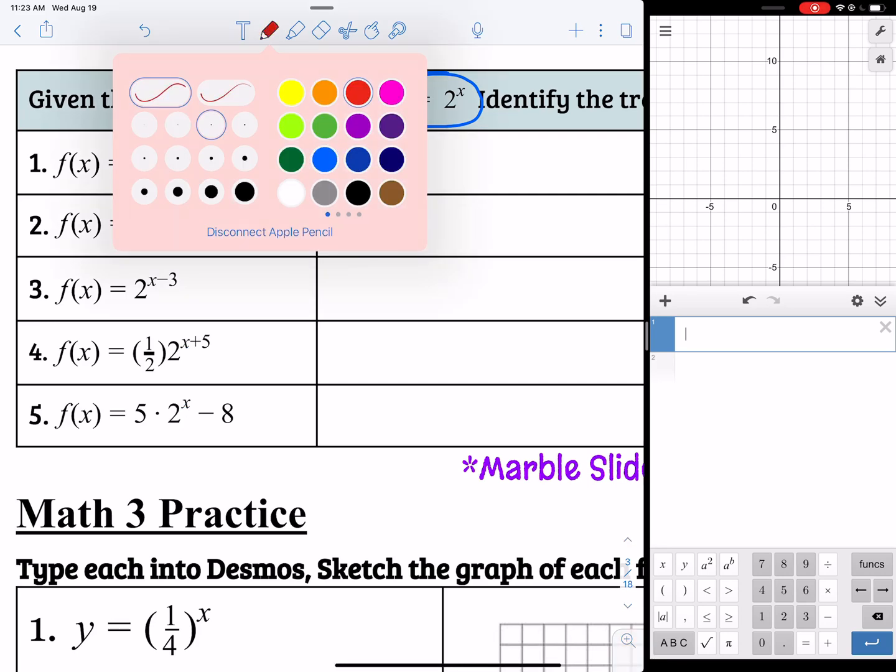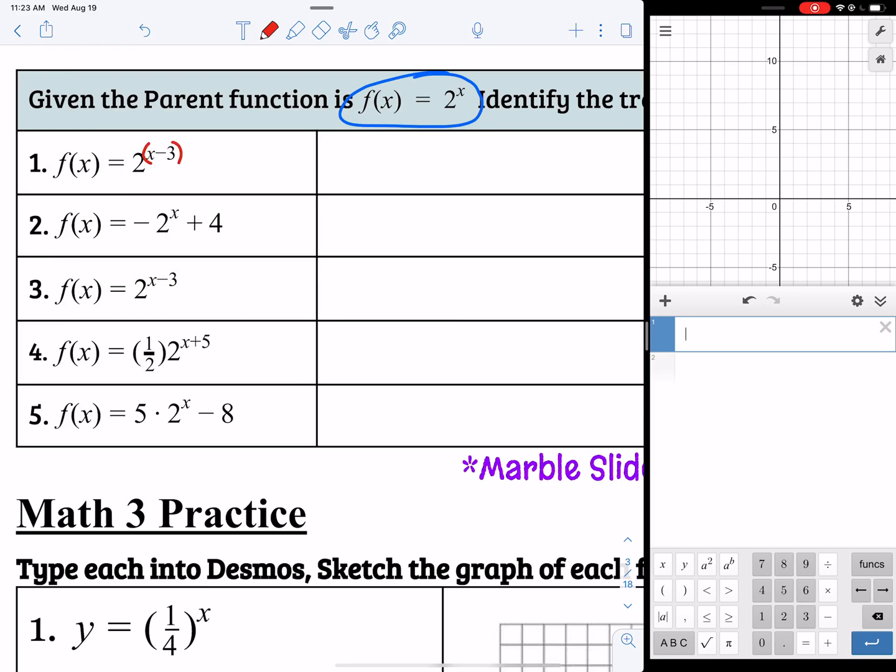In number 1, we see that there's a minus 3 in the exponent. So that is like our h value. Since it's minus 3 and h makes our graph shift left or right, we would say that it goes to the right 3, because minus in that grouping symbol does the opposite of what we would normally think it would do. So minus 3 makes it go to the right 3.